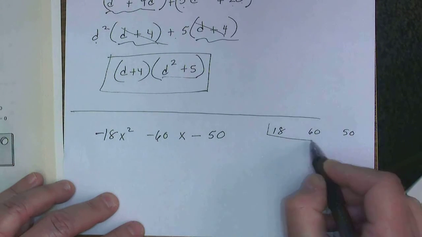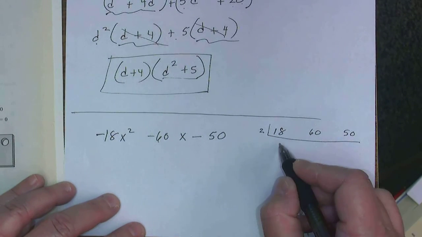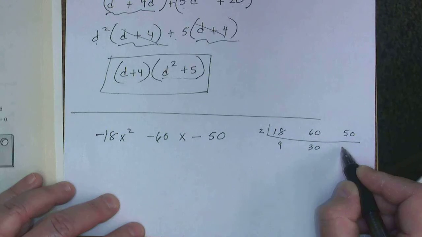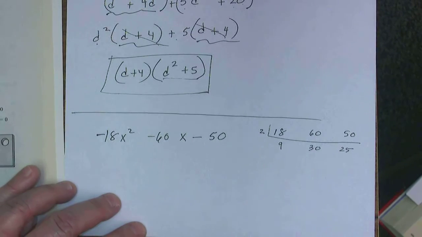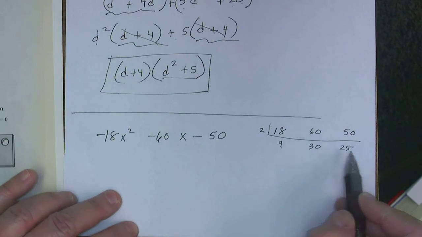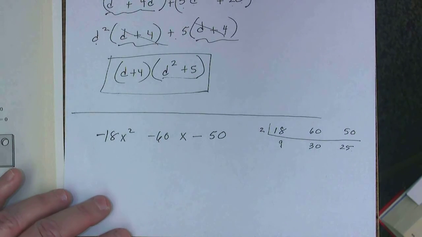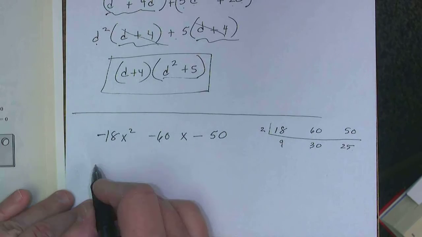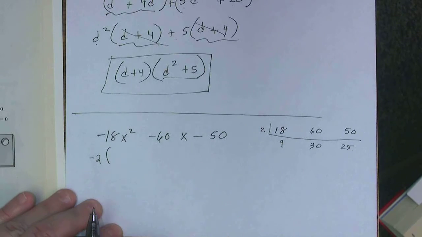I'm going to divide each of these by 2. I get 9, 30, and 25. And these numbers don't share anything else, so I'm going to factor out a negative 2.